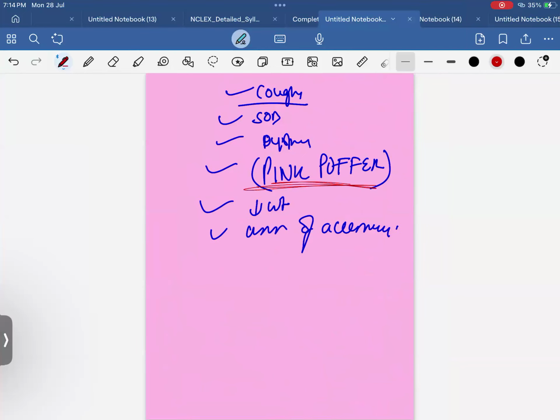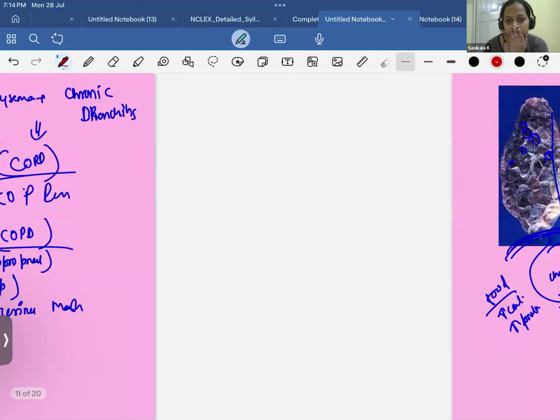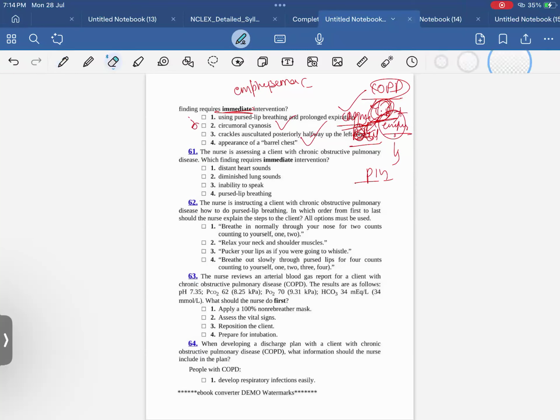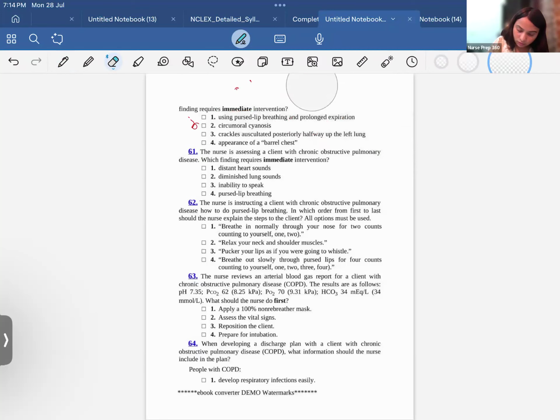I taught you they are called pink puffers. Emphysema is pink puffers, and chronic bronchitis is your blue bloaters. And COPD is chronic bronchitis plus emphysema. Do not give me full forms. Come on, you're not kids. You should know these things very clearly at your fingertips. This is not good.